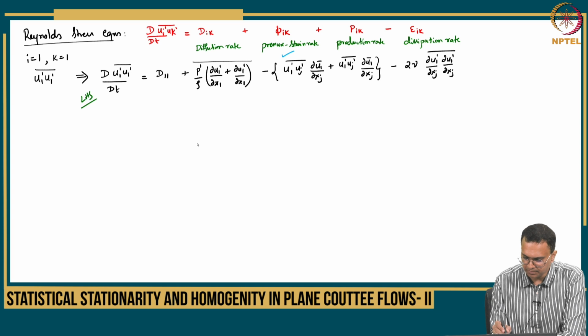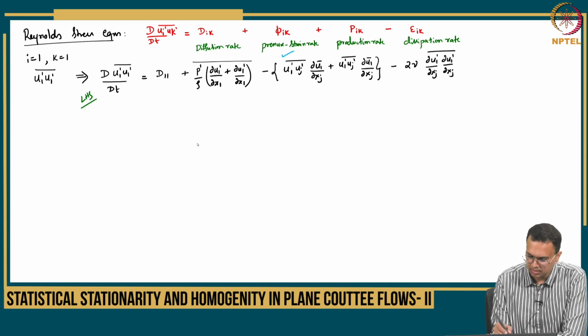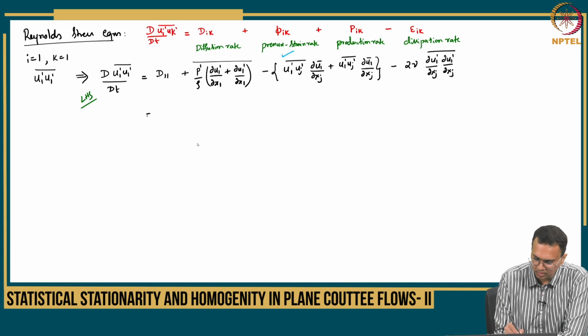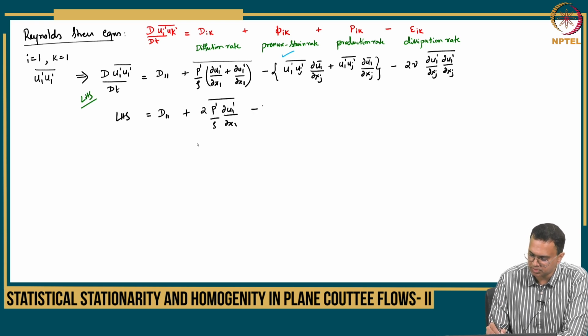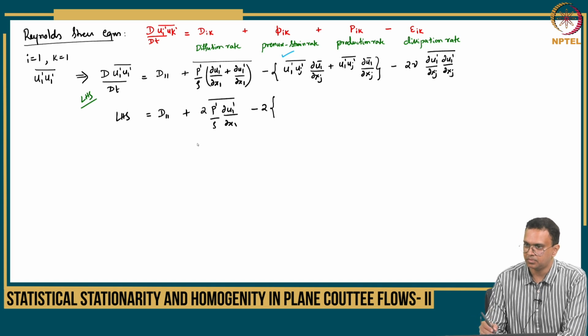So now the important thing to see here is that this will of course be 2 times s. If I take this as the LHS equal to D11 plus 2 p prime by rho dou u1 prime by dou x1 averaged, then minus 2 of this, it is the same term, minus 2 of this.